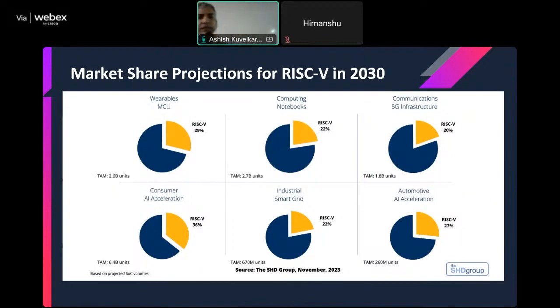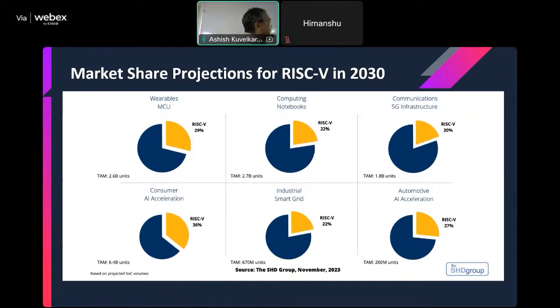If you look again at specific markets and what the expectations are, clearly consumer electronics, and AI at the edge, is a big projected market for RISC-V.